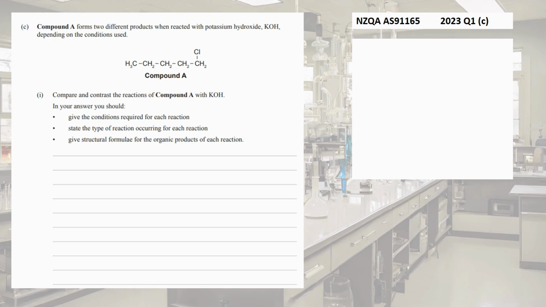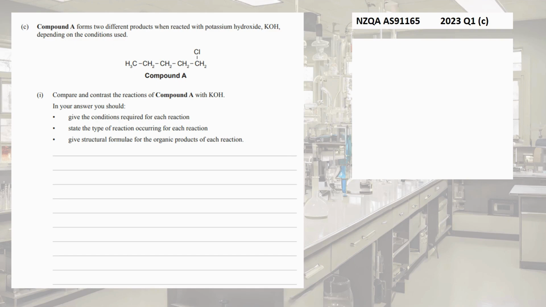So here they've got compound A, and it says it forms 2 different products from reaction with KOH. Now, because they've got KOH there, the first thing that we have to think about is, okay, we remember we only use potassium hydroxide when we have it as 2 different conditions. One dissolved in water, that is KOH brackets aqueous, and one dissolved in alcohol, KOH brackets alcohol.